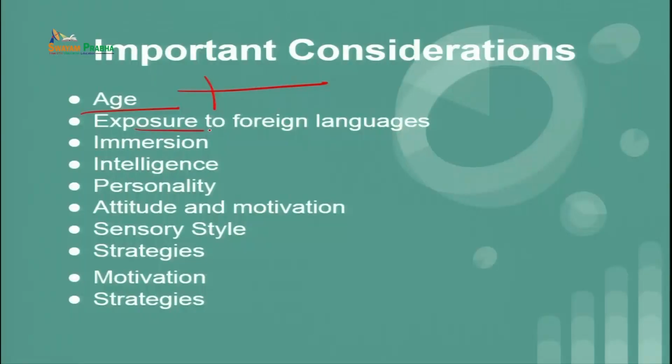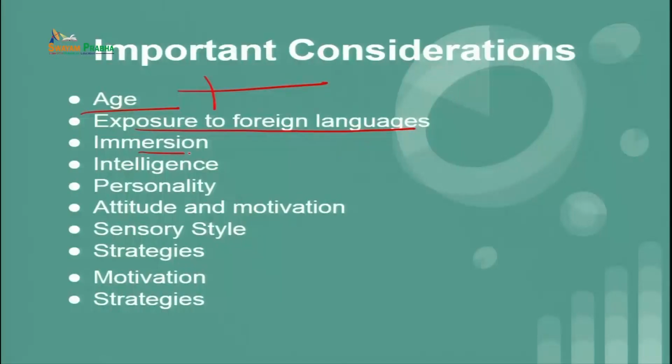Then you are going to talk about whether the learner is already exposed or not, whether the learner already has a knowledge of the language, and then there is immersion, how much knowledge he or she incorporates. Then there is intelligence.